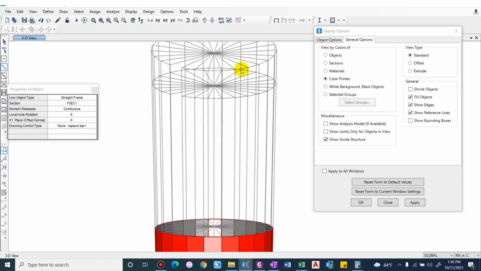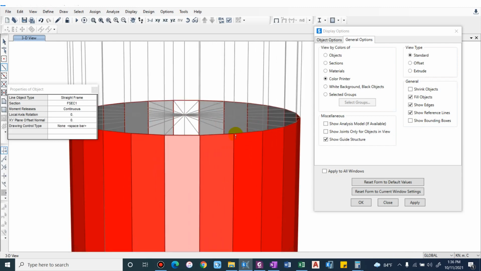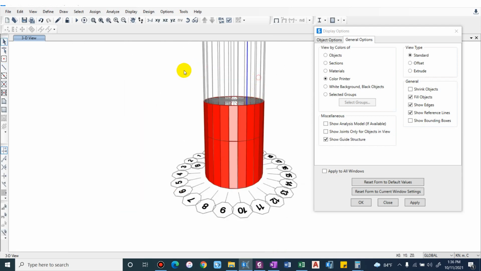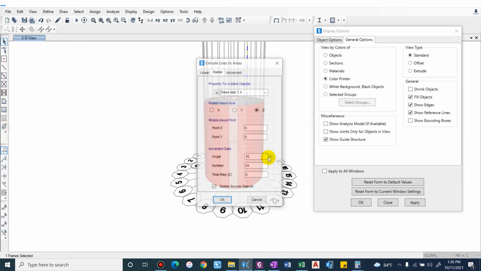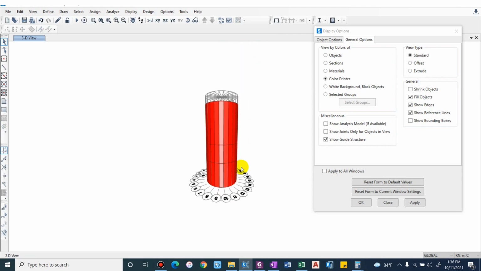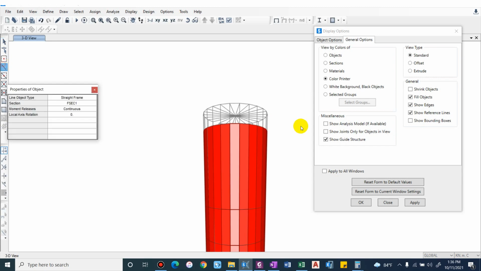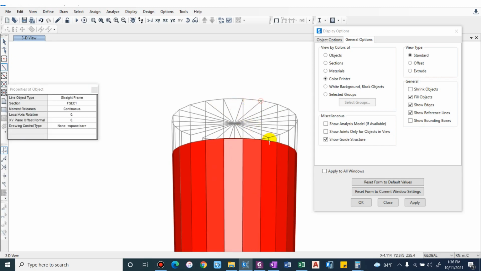Now for 5 meter, 0.5 meter thick wall. And finally for 0.3 meter thick wall.